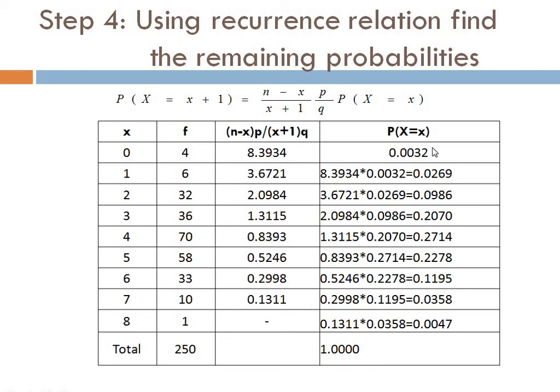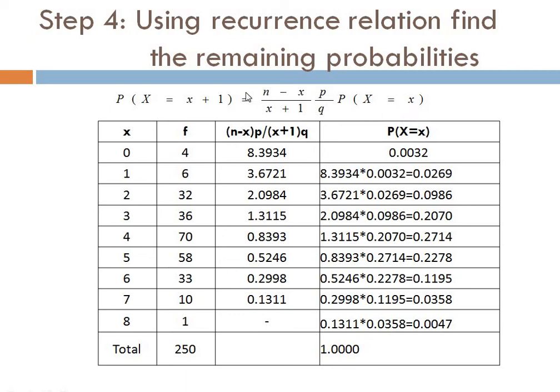Now, probability of x equal to 0, which we have obtained in previous slide, that is q raised to n, is substituted as it is in this column, that is 0.0032. Now, probability of x equal to 1 can be obtained by substituting x equal to 0 in this relation. So, if you substitute x equal to 0 in this relation, we get probability of x equal to 1 equal to 8 minus 0 divided by 0 plus 1 p by q into probability of x equal to 0.